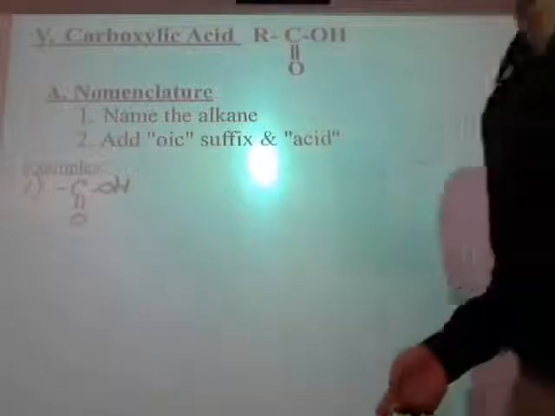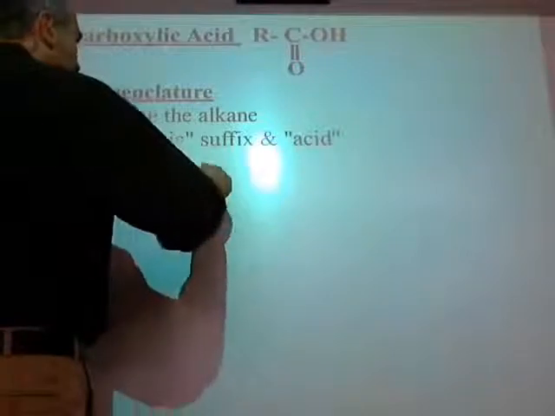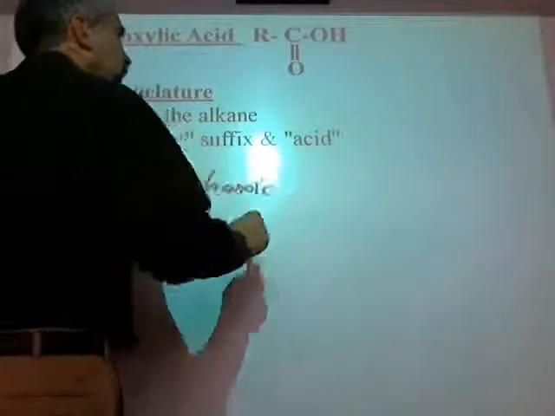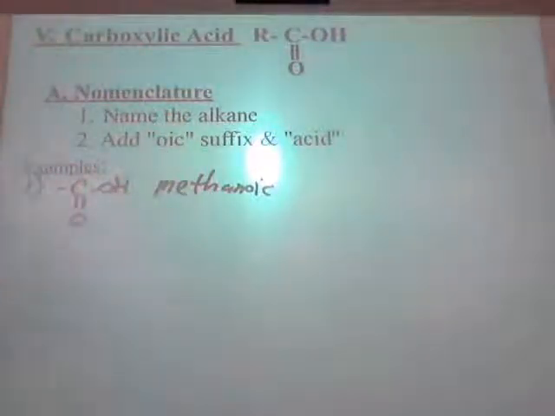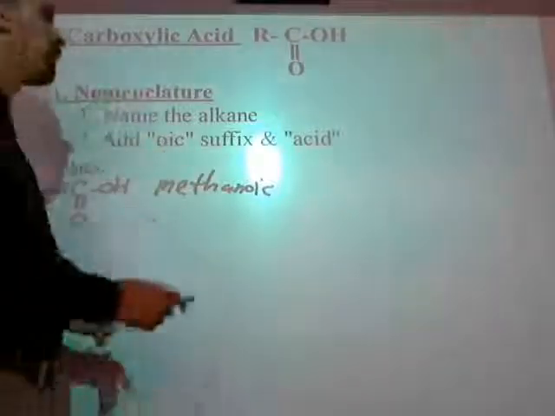So what do you call that? Not the alkane. What alkane is 1 carbon long? Methane. So it would be called methanoic acid. Methanoic acid. You have to be careful of whether I say name the alkane or name the alkyl group. If I said name the alkyl group, it would be methyl. If I say name the alkane, it's methane, methanoic acid.